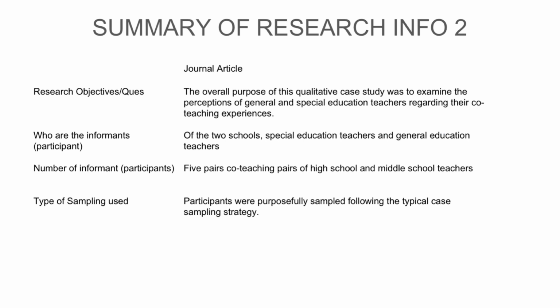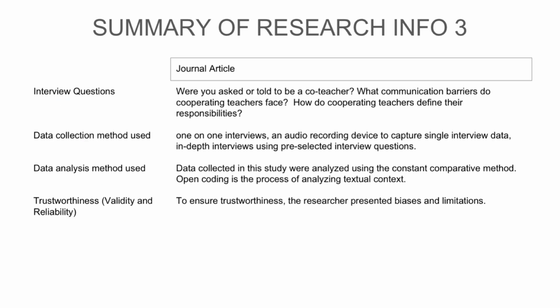Then we go through the research objectives, who the informants are, the number of informants, the type of sampling used, the interview questions and data collection method used, the data analysis method used, and the last is trustworthiness.